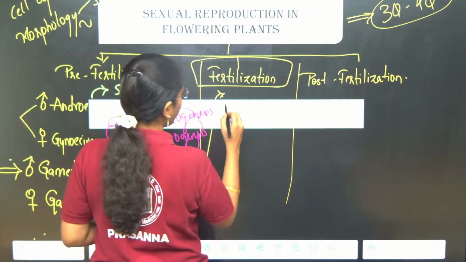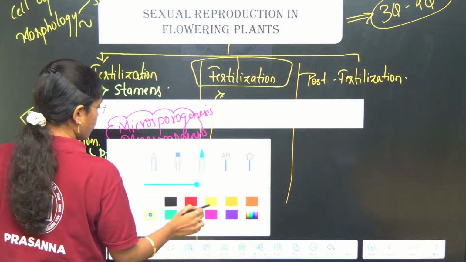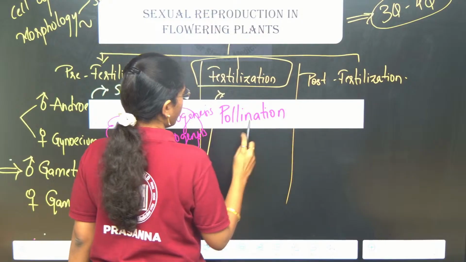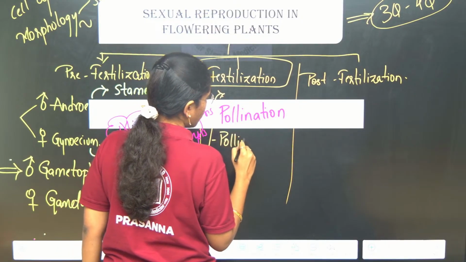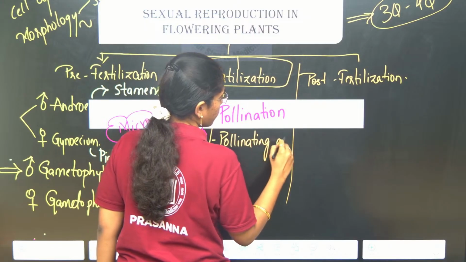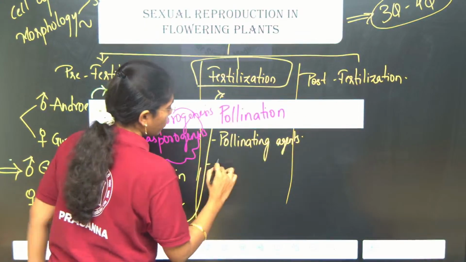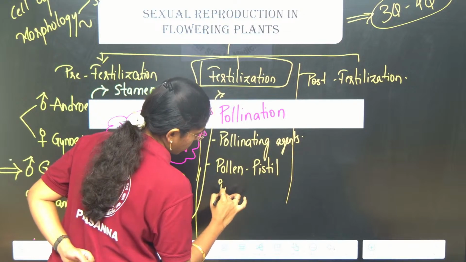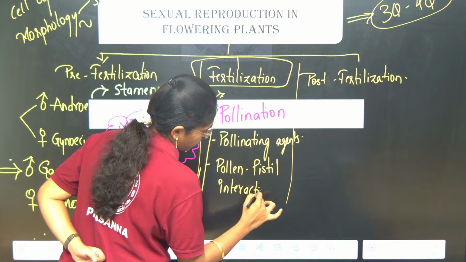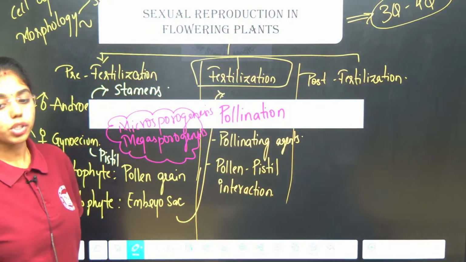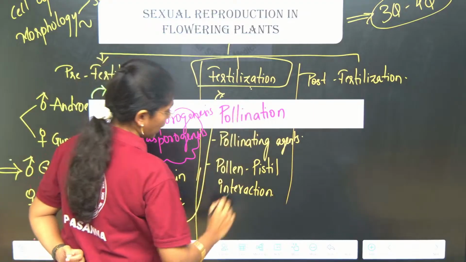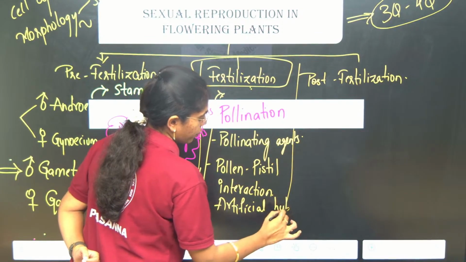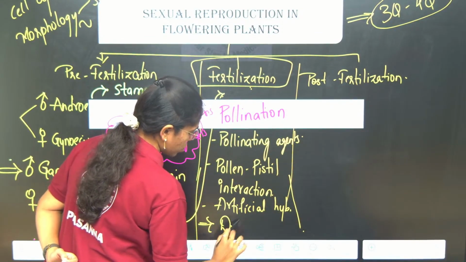The sequential events after pre-fertilization events, you will learn about what? Pollination, pollinating agents, pollen pistil interaction, and lastly artificial hybridization, and then double fertilization or triple fusion.